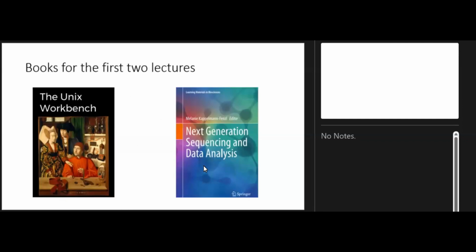This book, Unix Workbench, is based on a course on Coursera. You would have Higher Education Commission access to Coursera, so you can do that course as well. That course and this book are almost the same.